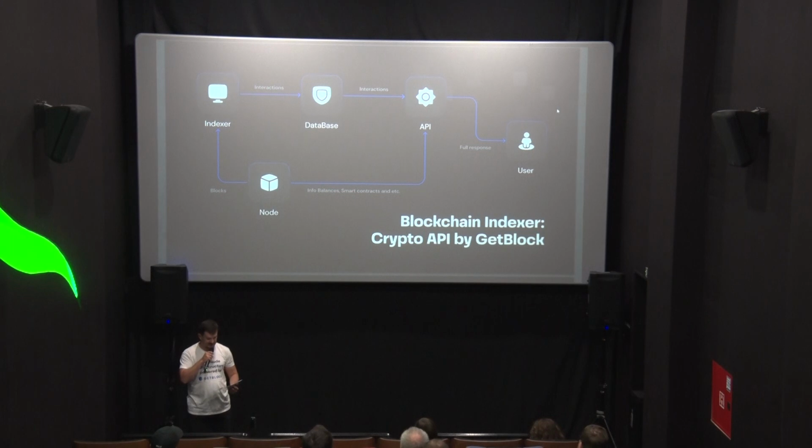At the heart of the system is an indexer that retrieves blocks from the network and processes their content. After processing blocks, the indexer extracts information and events such as transactions and transfers and aggregates it. The aggregated information is stored in a database, providing our API with fast access to the most up-to-date information.